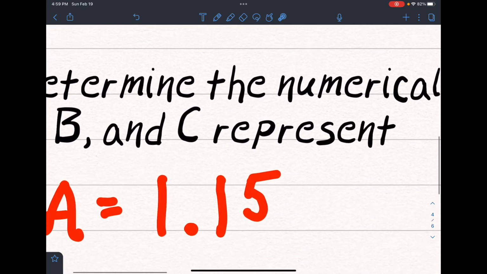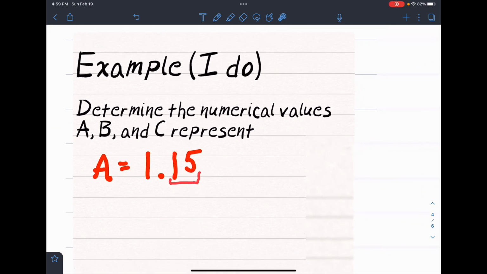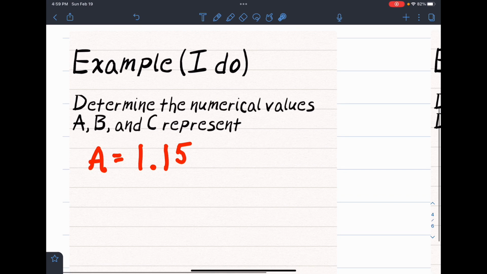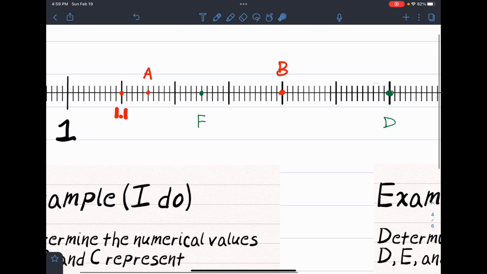So that is again represented by this 15 here. Okay, so the decimal representation of point A is 1.15. Let's do B. So here's B right over here.